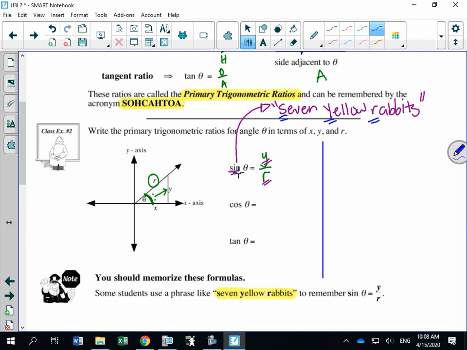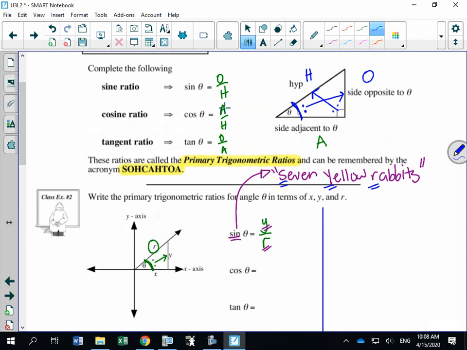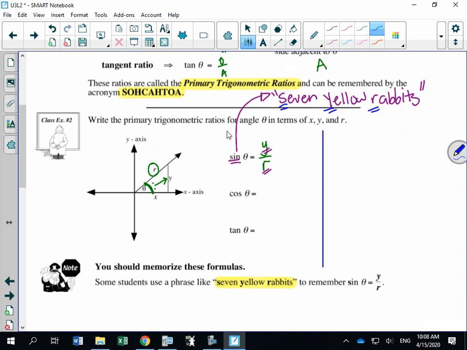Cos of theta: cos was A over H, adjacent over hypotenuse. In this triangle, the adjacent side is x and the hypotenuse is r. So A over H would be x over r. If you remember that sine is 7 yellow rabbits, so sine is y over r, cos is always going to be x over r.